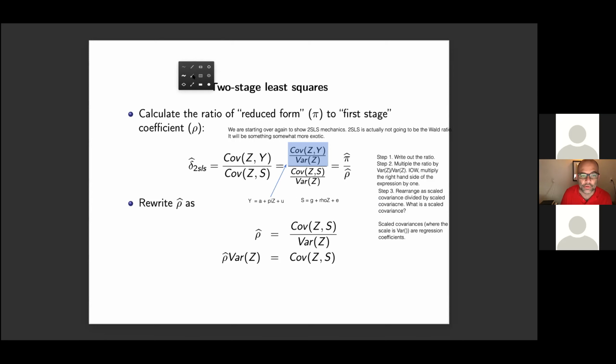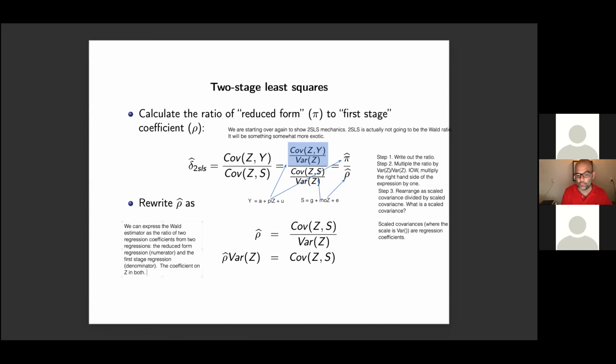That regression coefficient shows up here, and that regression coefficient shows up here. So we can express the Wald estimator as the ratio of two regression coefficients from two regressions: the reduced form regression, the numerator, and the first stage regression, the denominator, coefficient on Z in both.